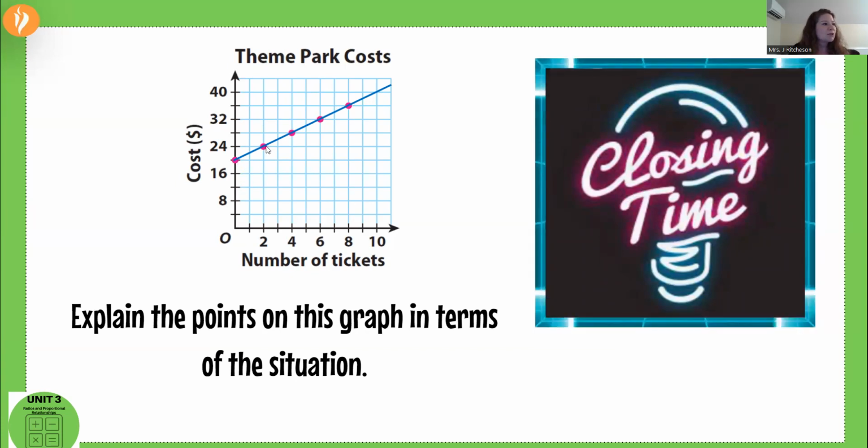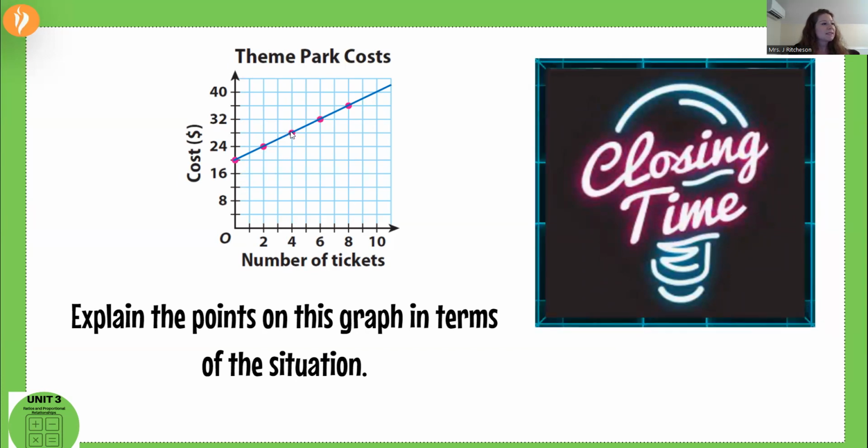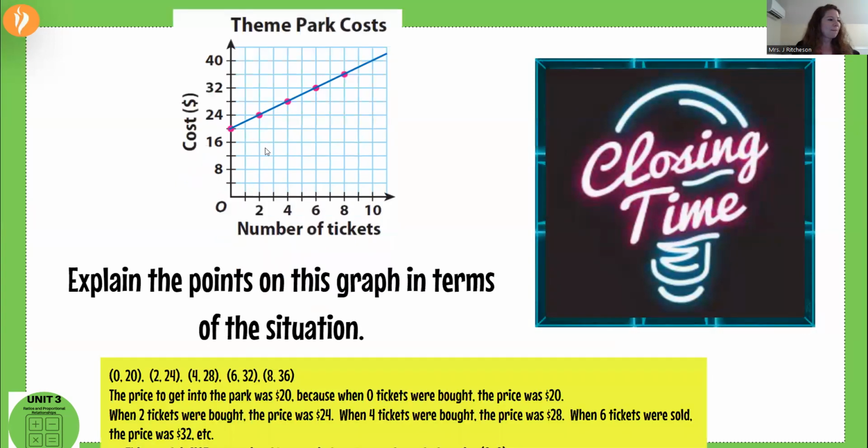And then when he bought 2 tickets, he spent $24. 4 tickets cost him, what would that be, 28? So the number of tickets are increasing by what? $2 a piece? Yep. To go into the park was $20 and the tickets cost $2 a piece. Okie dokie.